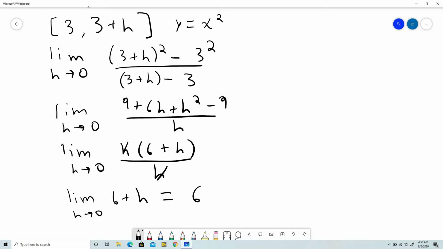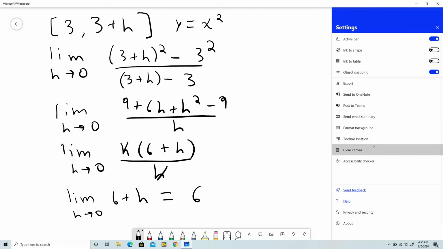Now let's generalize what we just did. What we just used is actually the limit definition. This is what the definition would be in general terms.